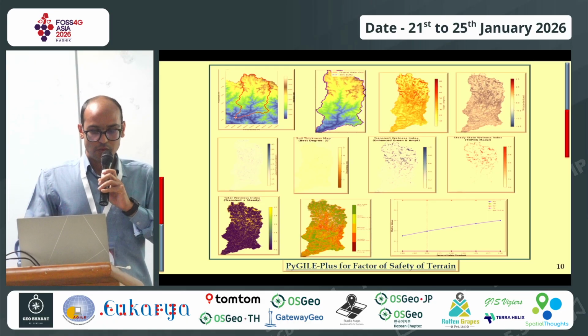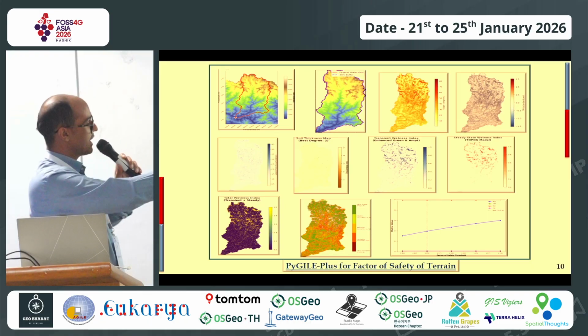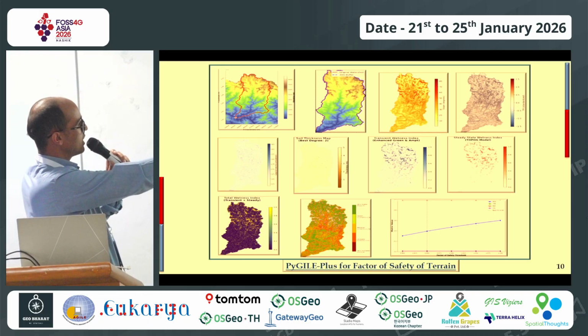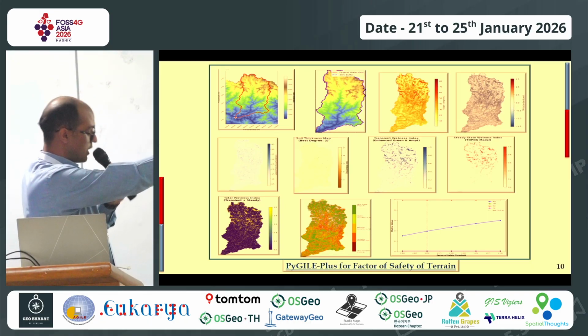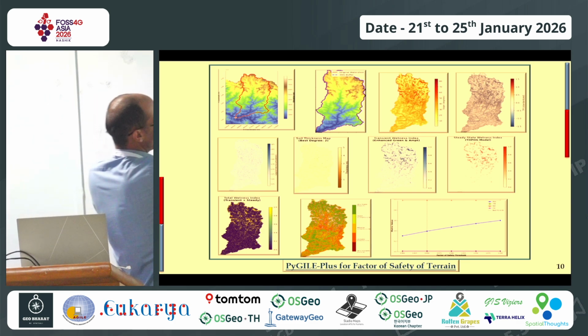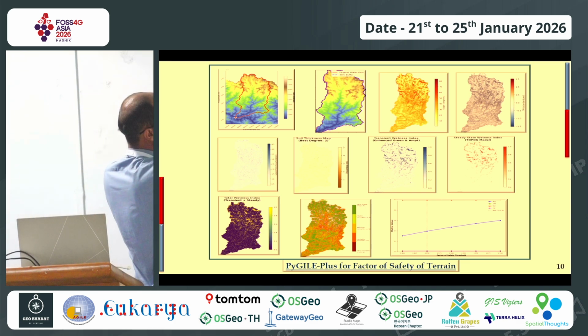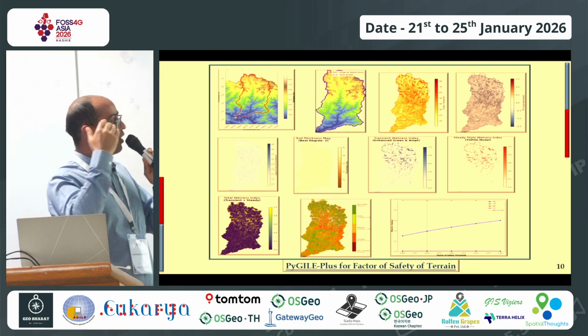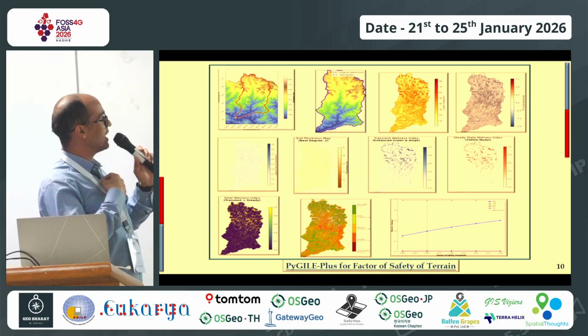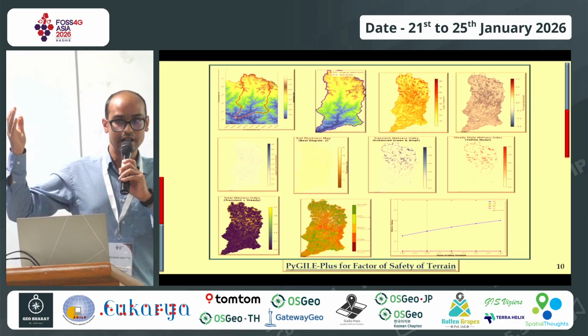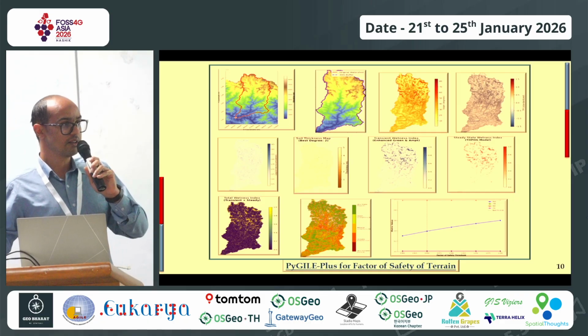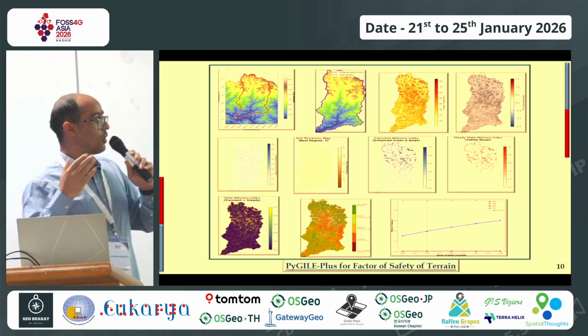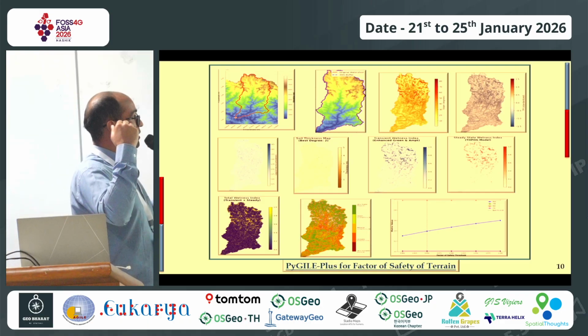So this is one of the examples where we're trying to get the factor of safety of a terrain. For that we need all of these things. For the soil thickness map and for the wetness index, I do not trust a single GIS. I mean, all of them give the same result, but I like some better. For instance, for hydrological analysis, sometimes I use Saga GIS because I like it better, or I use WhiteboxTools.